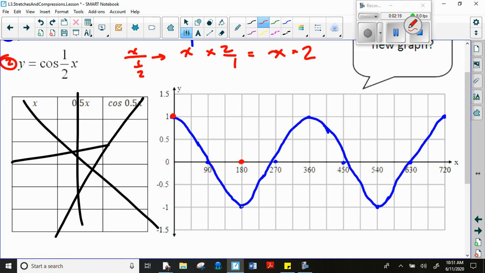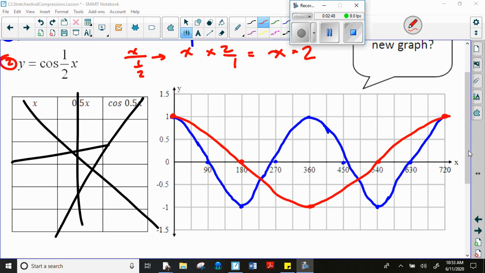This y value, which is at 180, is going to be at 180 times 2, that's 360. This value is going to be x times 2, which is 540. And the last value of our first cycle, which is 360, is going to be at x times 2, which is 720.